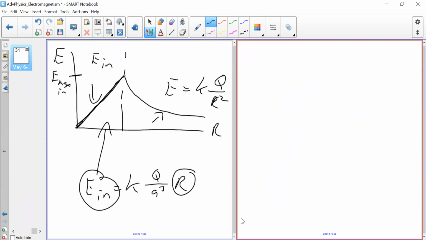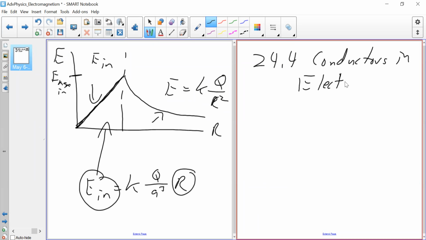So last, let's talk about conductors in electrostatic equilibrium. Basically, what conditions must be met in order to have a conductor in electrostatic equilibrium?